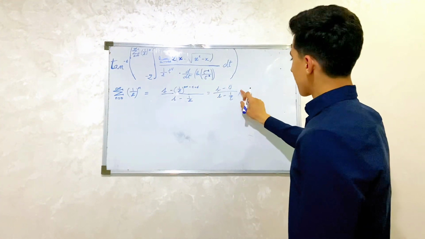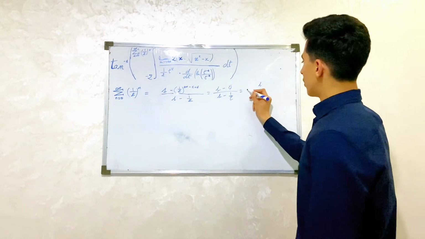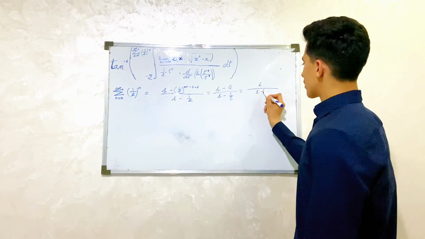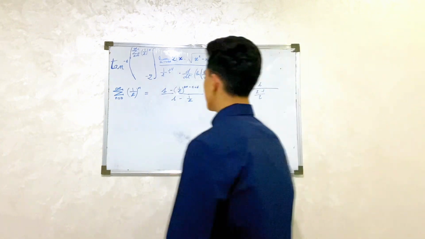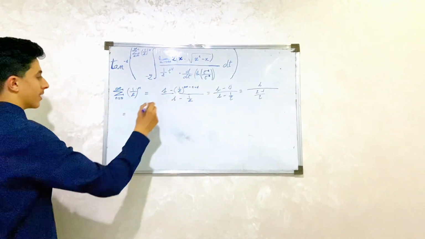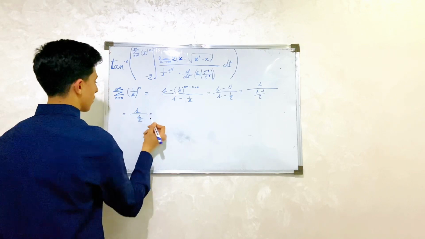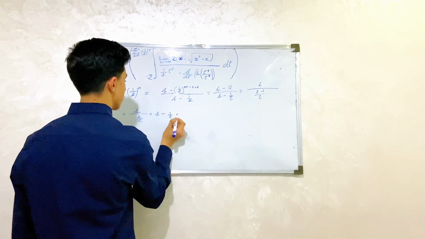So we have 1 all over 2 minus 1 over 2. 2 minus 1 is 1. So here we have 1 over 1 over 2. You can rewrite this as 1 divided by 1 over 2.